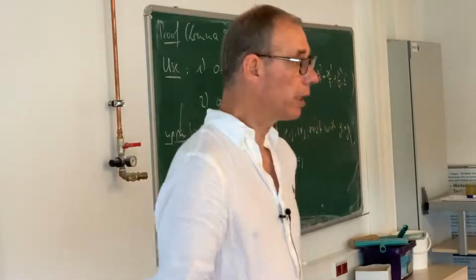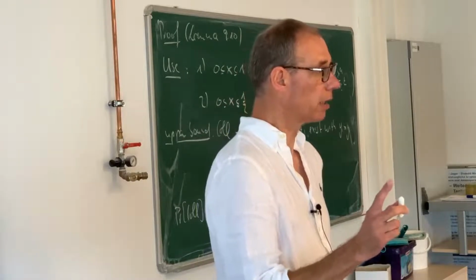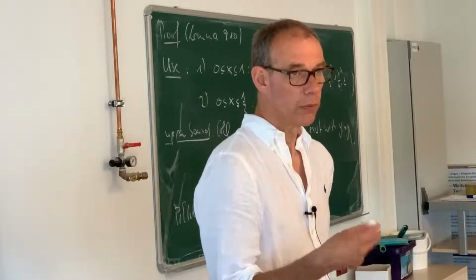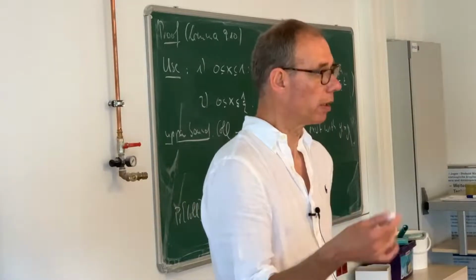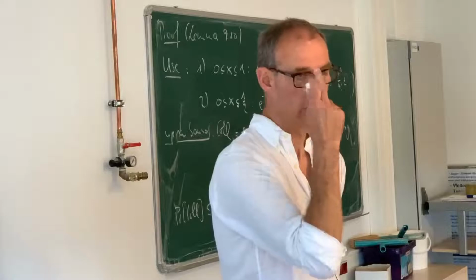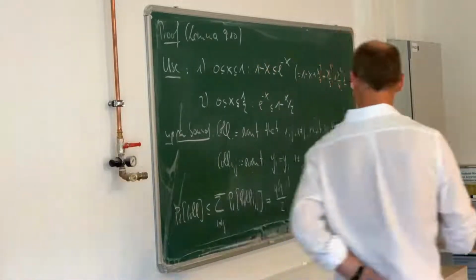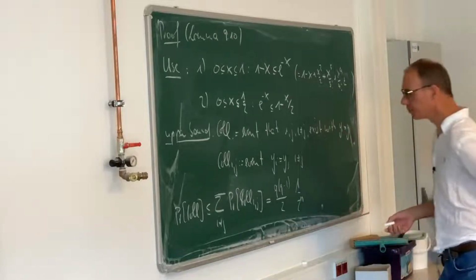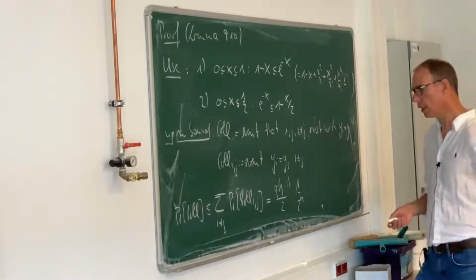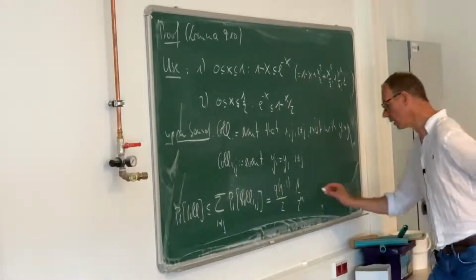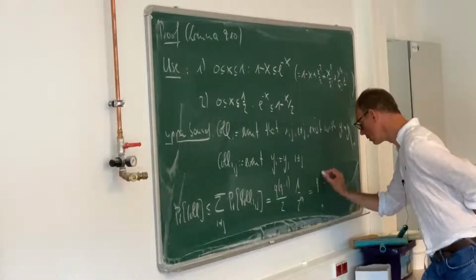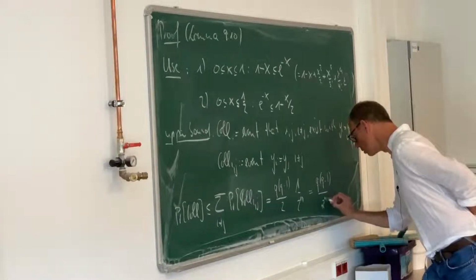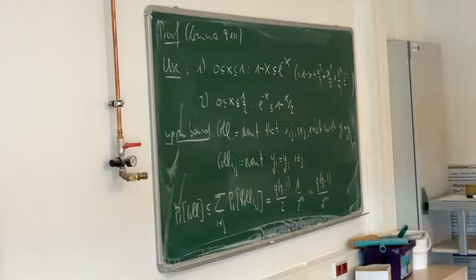And the probability that two of these things are identical is 1 over 2 to the n. The first one you pick arbitrary, the probability that the second one is the same as the first one is 1 over 2 to the n. Right, so each individual probability is 1 over 2 to the n. And this then is what we wanted, right? That's easy.